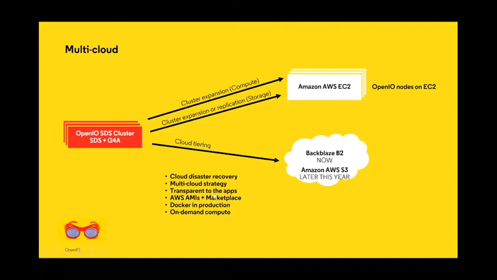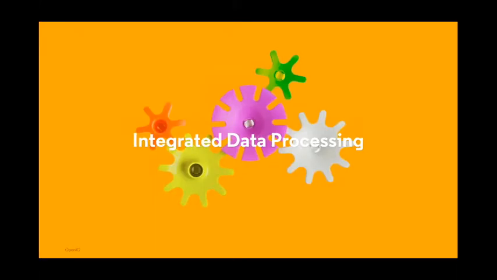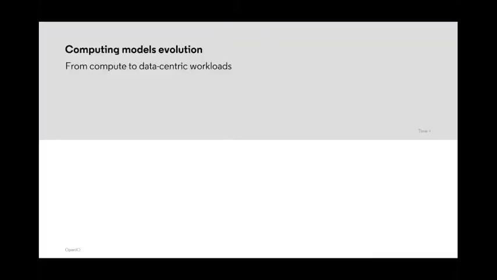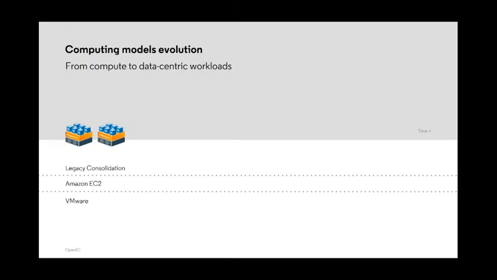I mentioned Grid for Apps many times, and I think it's time to let you know what it is and how it works. We talk very often about integrated data processing in the cluster, and if you see how compute has evolved in the last few years, most of the virtualization platforms are now sometimes considered legacy.